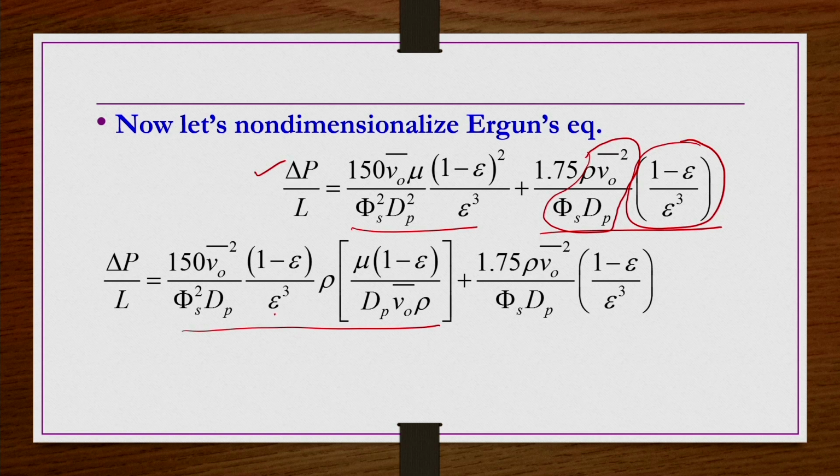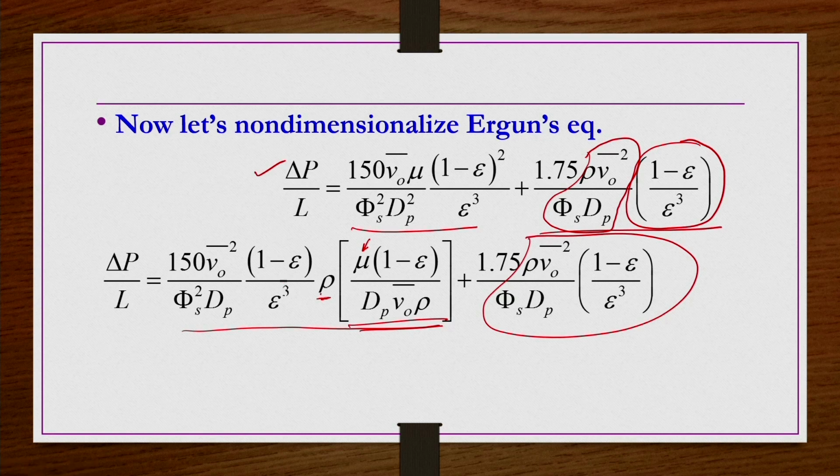So, here rho V naught bar square 1 minus epsilon by phi s square dP square is as it is. Whatever the mu is there, we are writing outside in the parenthesis, and the extra terms we are writing here in this parenthesis after taking out these rounded terms, whatever we want to have common in both the terms.